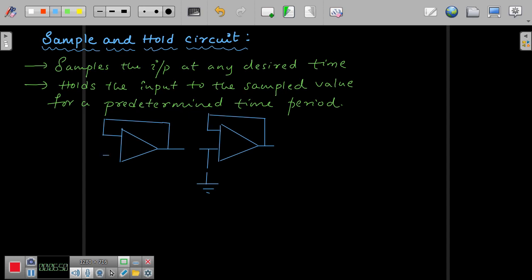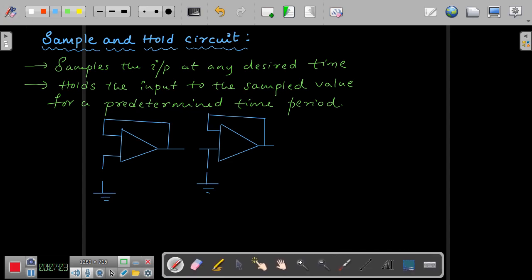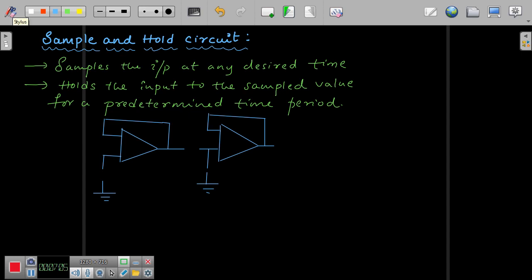And here I provide the analog input. The most important component here happens to be one MOSFET.